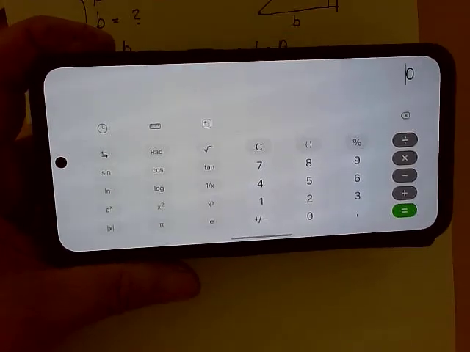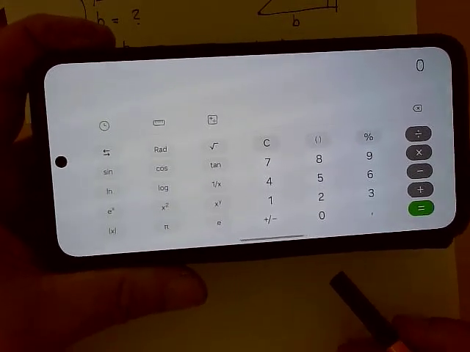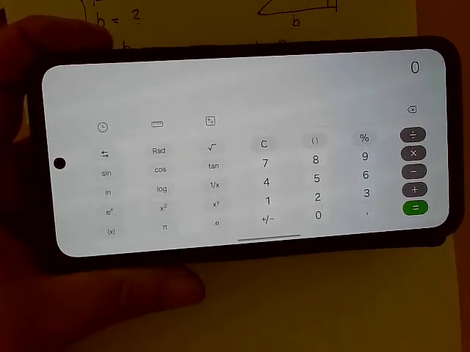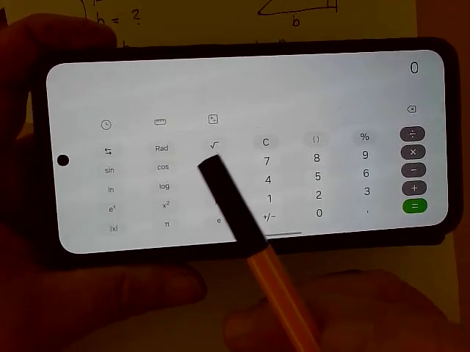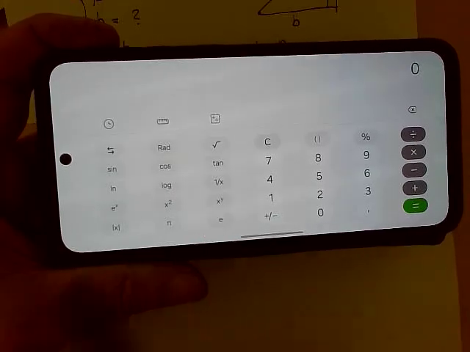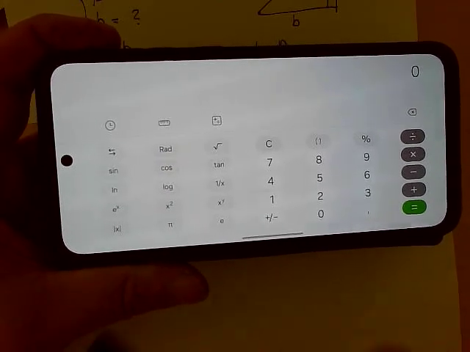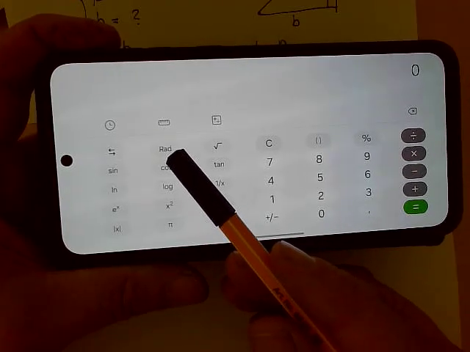This is strange. I wonder why this is made so stupidly. I don't know if you have the same kind of calculator in your phone, but here you see rad, and if I see rad text there, I would think that now it is calculating with radians.